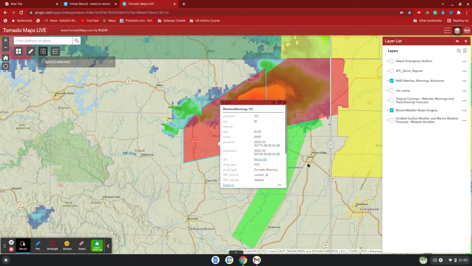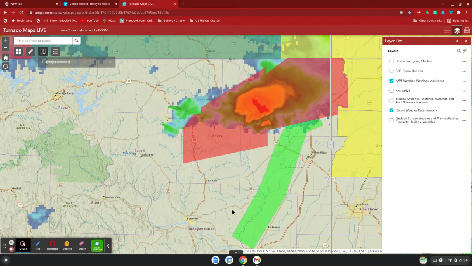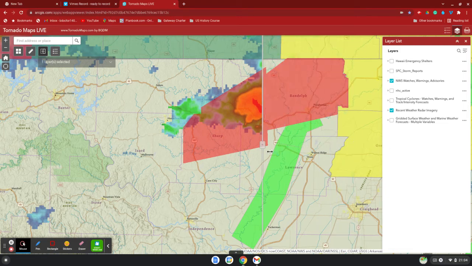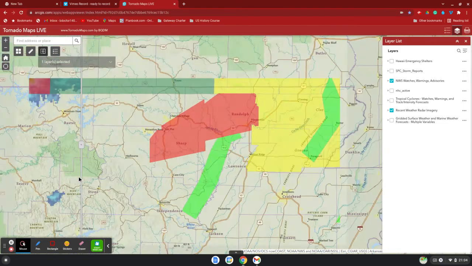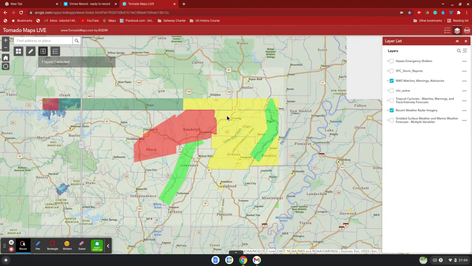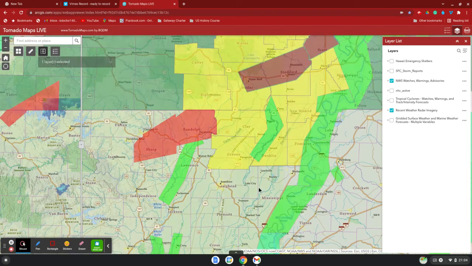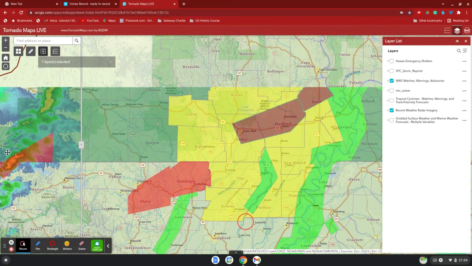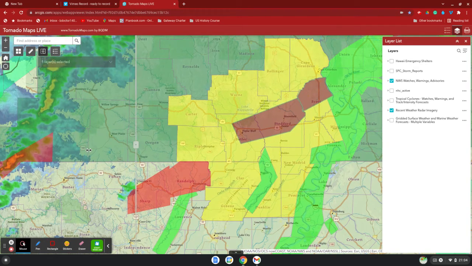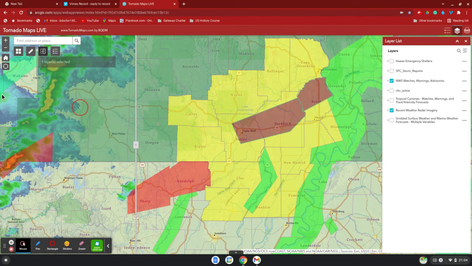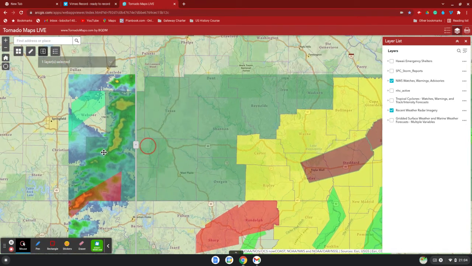Nope, this is a tornado warning area. I was going to say that looked like a tornado vortex signature to me. Boy, we're just finding all kinds of tornado signatures tonight, folks. Okay, let's dig, let's dig, let's dig.